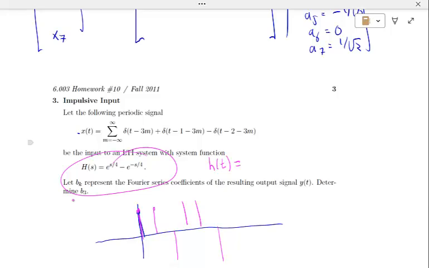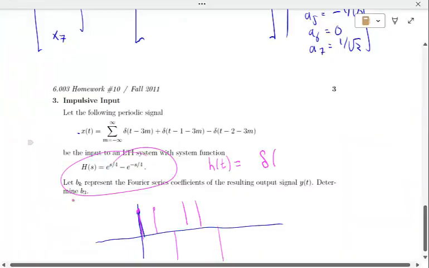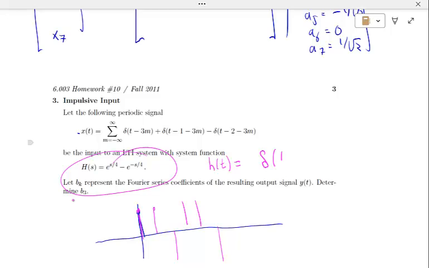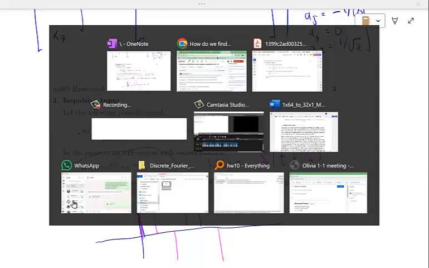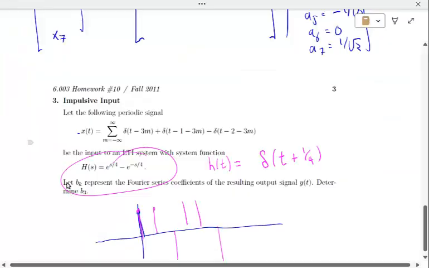So there's going to be a sum of delta functions. Okay. So this one says delta of t minus t0. So in this case, it's going to be t plus 1/4. I think that's right. Let me check that. Yeah, because in this case, my t0 is going to be minus 1/4. So you make this 1/4. So it's going to be delta of t plus 1/4 minus delta of t minus 1/4.